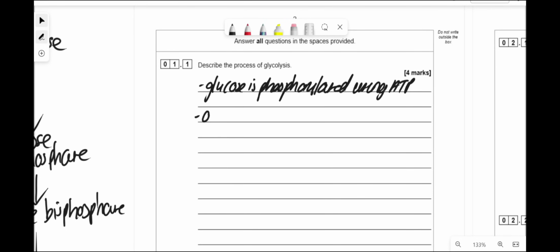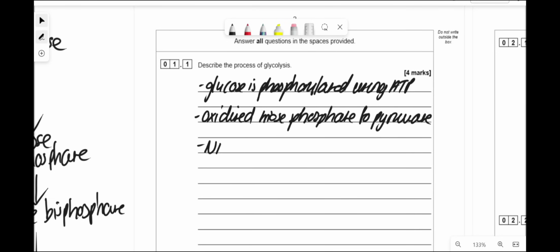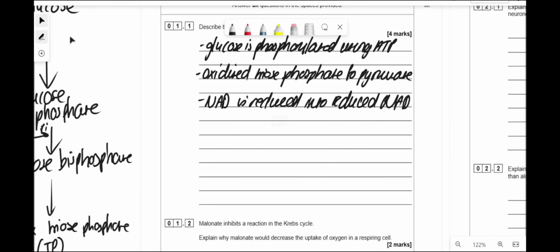So this forms glucose phosphate and then hexose bisphosphate and then it forms triose phosphate, and then you oxidize triose phosphate to pyruvate. At the same time, NAD is reduced into reduced NAD. Now it seems a bit silly to write that all the time, saying NAD is reduced to reduced NAD and reduced NAD is oxidized to NAD, but those are marked, so you should always say that.